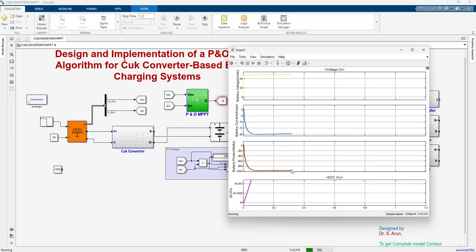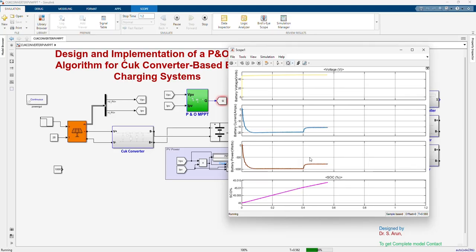Therefore for that irradiance level the battery power drops down to 800 watts. See here, now the irradiance level changes to 800, therefore we are getting 800 watts. Nearly the voltage will be the same, but the current from the PV panel will be reduced.